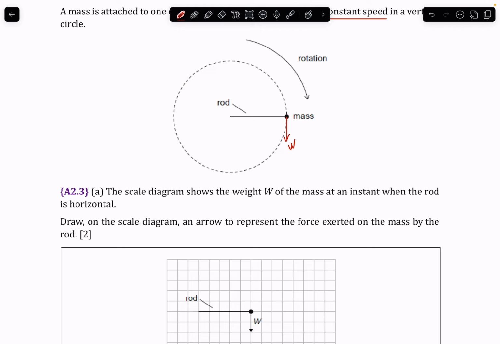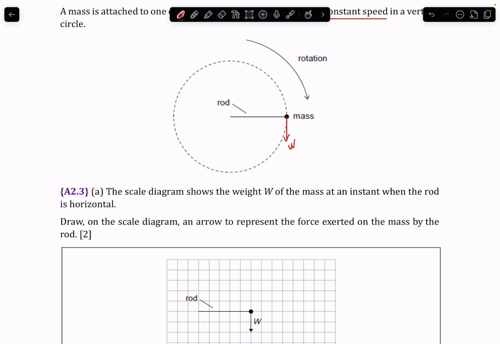And then the next thing that's active on the mass is the force exerted by the rod. So the force exerted by the rod should be such that when all of the forces are drawn on our mass, the net force should be equal to the centripetal force so that the mass actually stays in the circle when it's rotating.